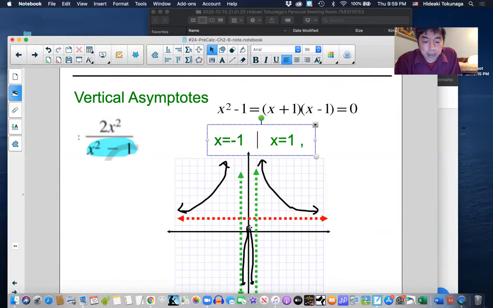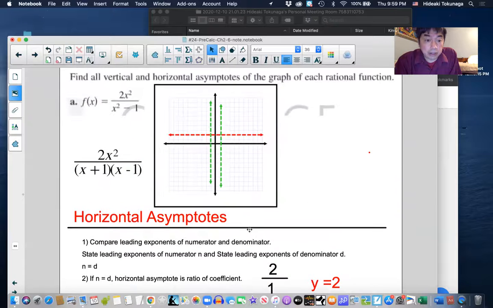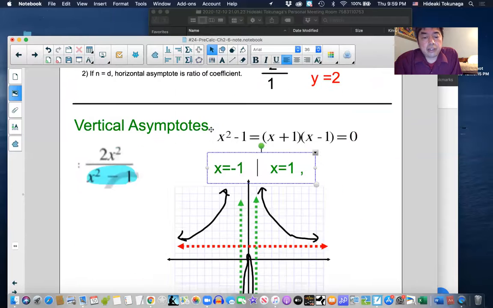For example, if you plug in x equals 0, you find out what this one is. If x equals 0, it's going to be negative 1 in the denominator. However, it's going to be 0 in the numerator. So it's going to be 0, 0. It's going to exist here.